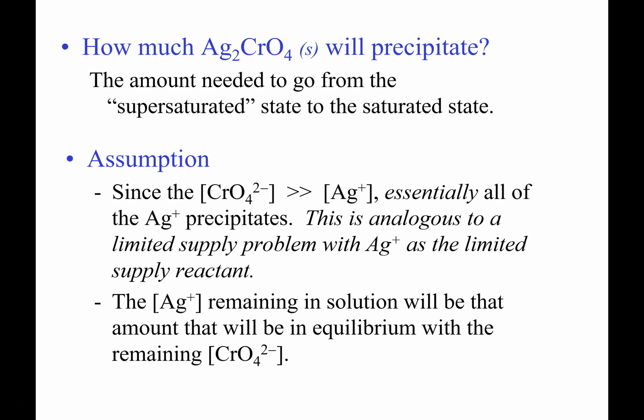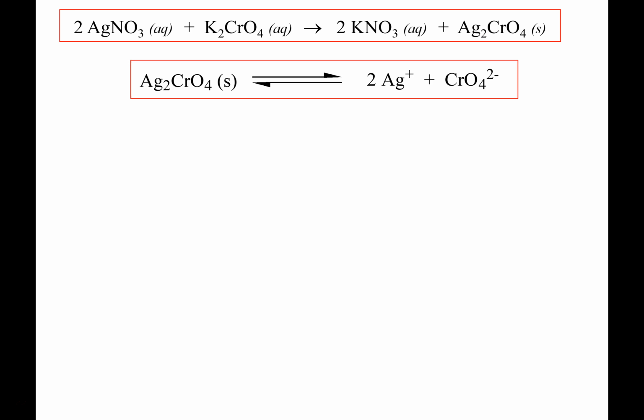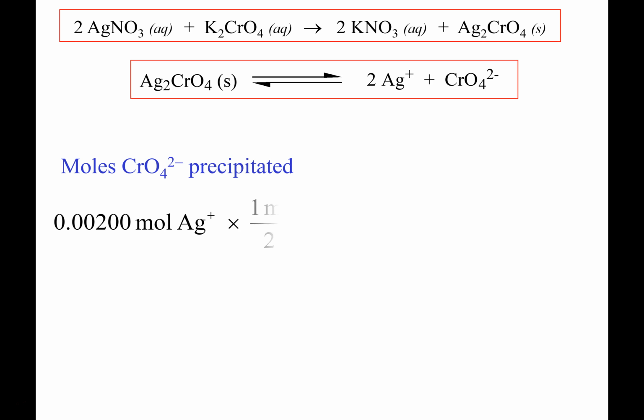So that only the silver ion that remains, see, this seems like, when I get to this problem, like, really? The only amount that remains will be that's in equilibrium with the remaining chromate. So to work that follow-up problem, question that looks like this. Moles of the chromate ion that precipitated can be found this way.